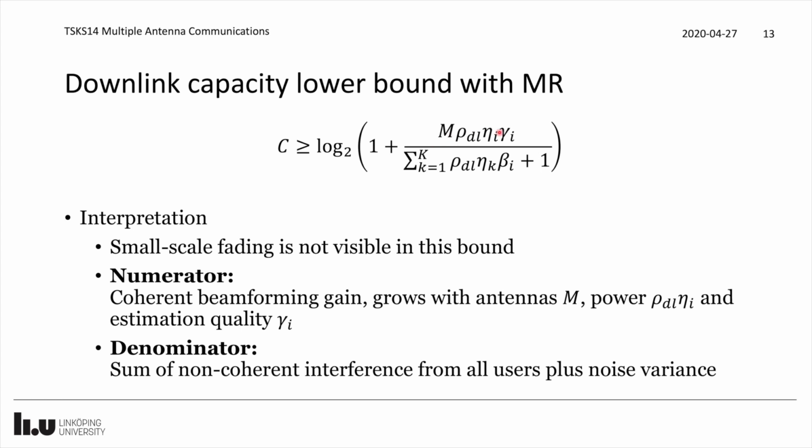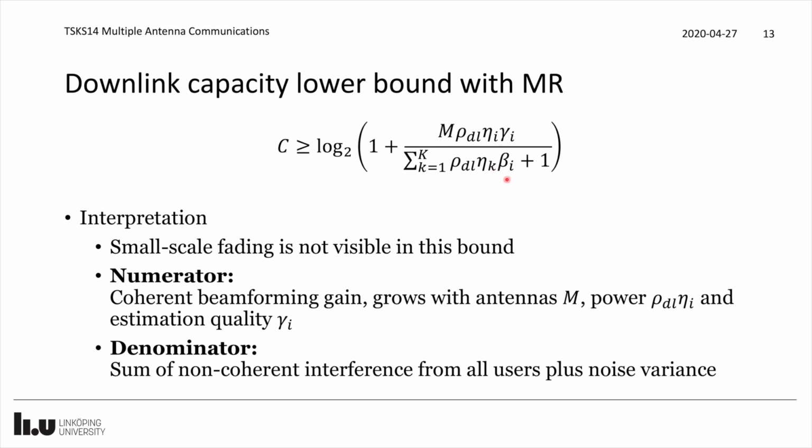Then we have the transmit power allocated for the user, rho downlink times eta_i, and then the estimation quality gamma_i. It's not beta_i that shows up here, but the estimation quality, because our beamforming is not better than the estimate is. Then in the denominator, we have a summation over the interference related to all of the different users. So we have the power that was allocated to user k, and then we have beta_i, the channel gain to user i.